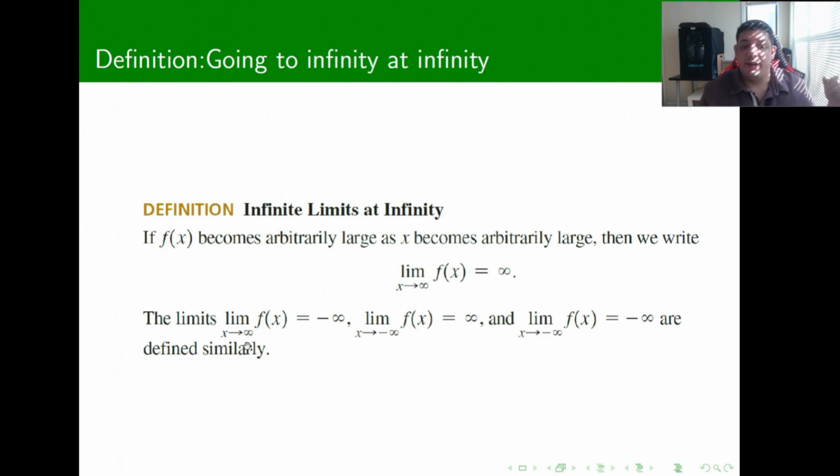Essentially, as x is becoming large in the positive direction, if f of x becomes super large but negative in sign, then it goes to minus infinity. If x is large but negative, and f of x becomes large, then it goes to infinity. If x is becoming large but negative in sign, and f of x also becomes large but negative in sign, we can think of it as going to minus infinity.